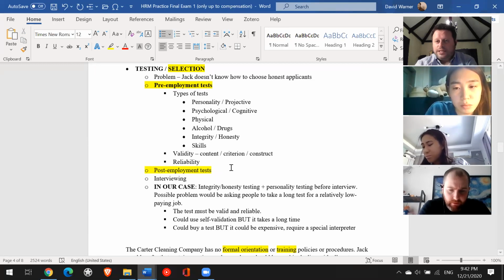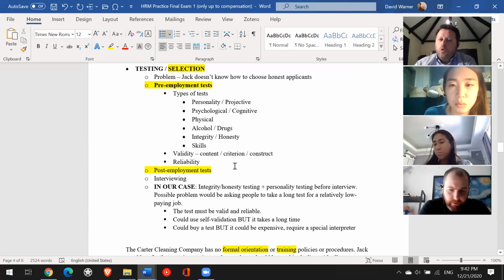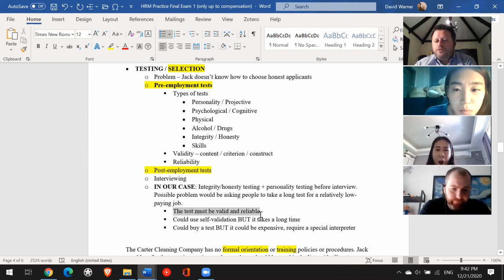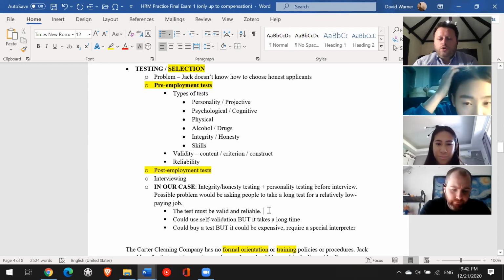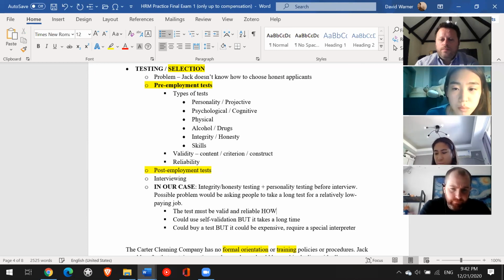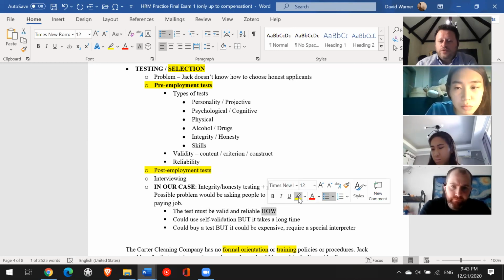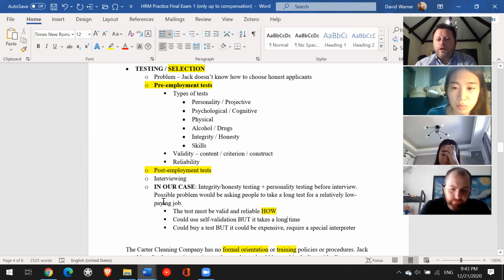You still might test them either for drugs and alcohol or just for psychological or personality reasons. Remember also validity and reliability. It's not enough to just say the test must be valid and reliable. You must say how. The how is very important to me. The because is very important to me. But this will be on the final.